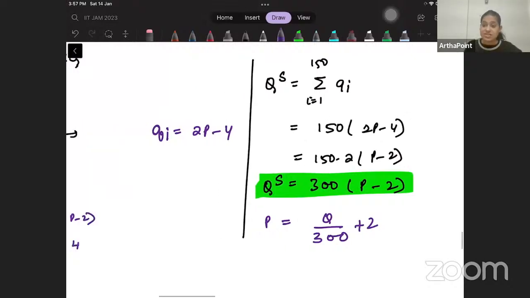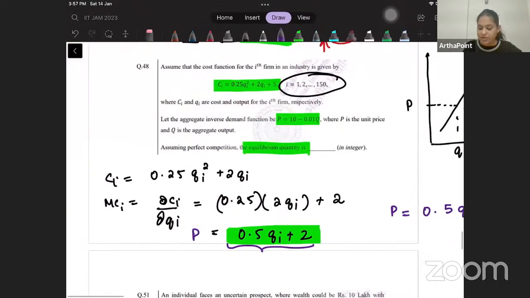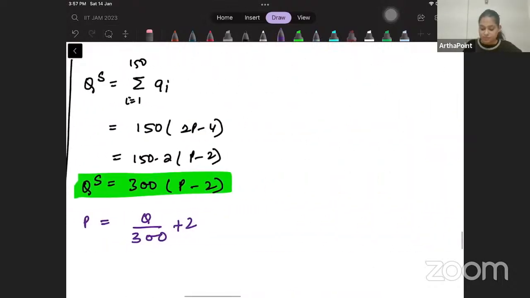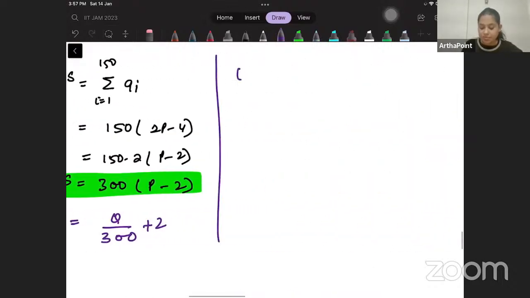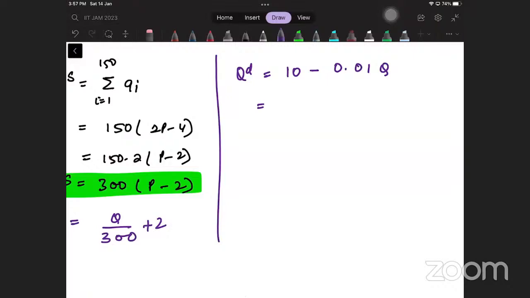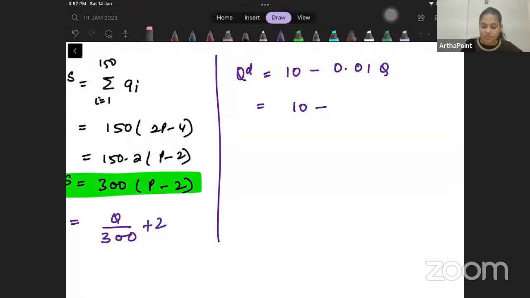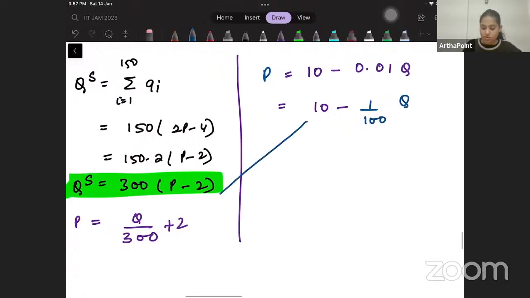And what is the demand side equation giving me? It is giving me 10 minus 0.01Q. So P is 10 minus 1 by 100 Q. Just equate the two together.